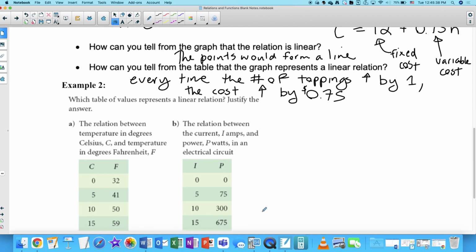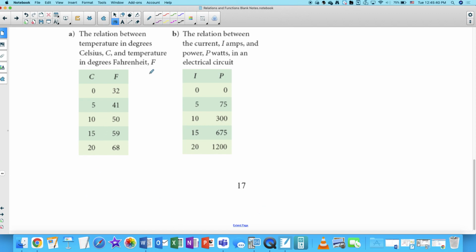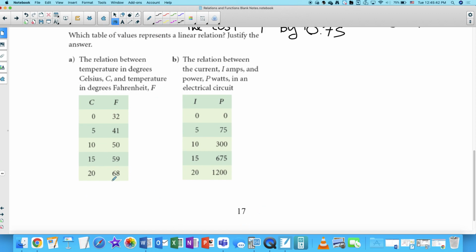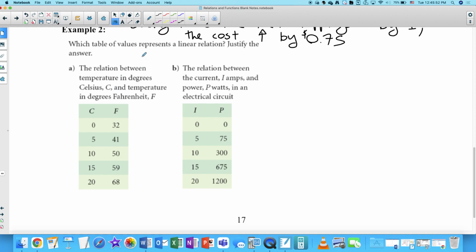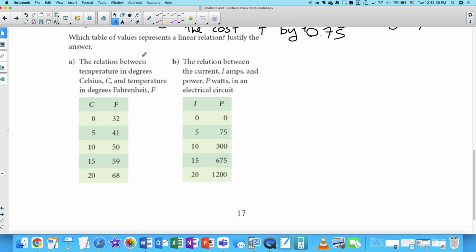Okay, let's look at this. The relation between temperature in degrees Celsius, C, and temperature in degrees Fahrenheit is in this table. Oh, I missed the beginning of the question. Which table of values represents a linear relation, and justify your answer? So here we've got a table of values that relates the temperature in degrees Fahrenheit to the temperature in degrees Celsius.